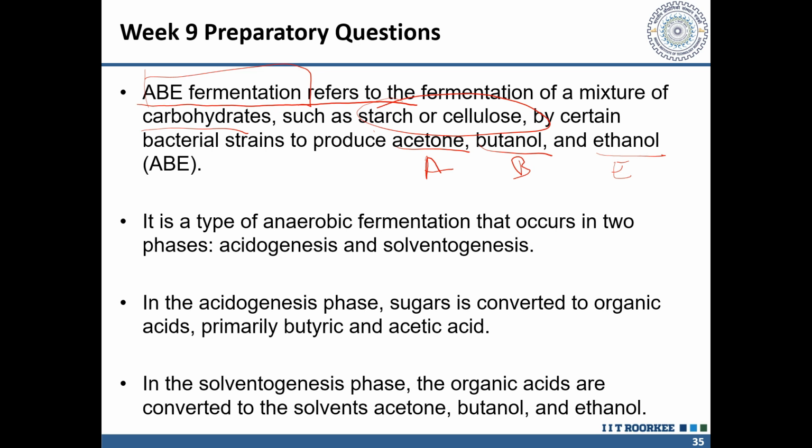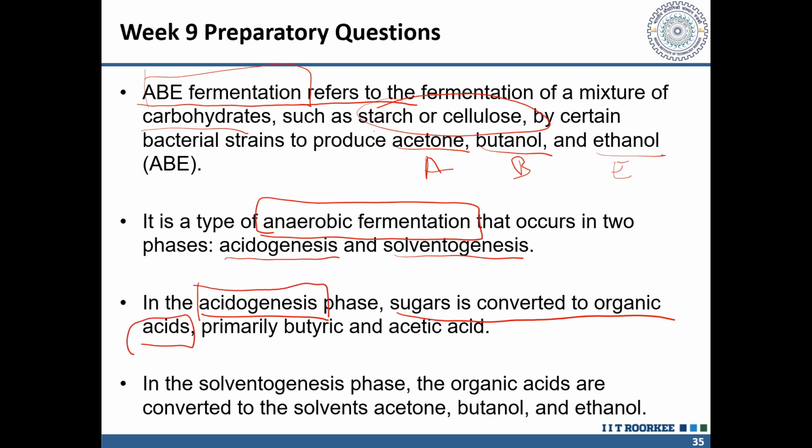And what type of fermentation is it? Mostly we use anaerobic fermentation, and it occurs in two phases. First is acidogenesis, and second is solventogenesis. In the acidogenesis phase, sugar is converted to organic acid.